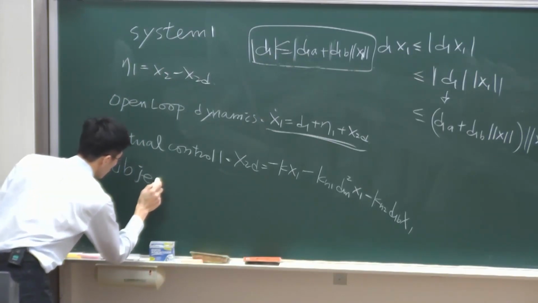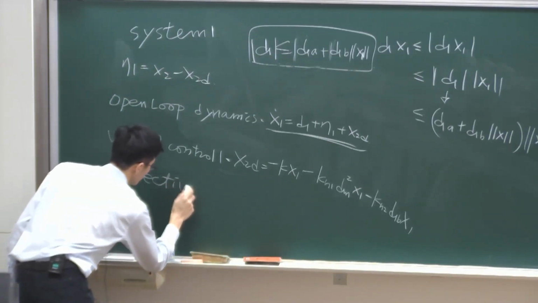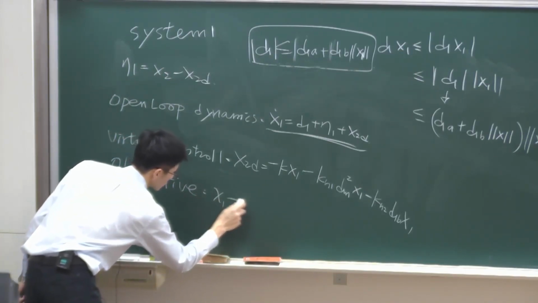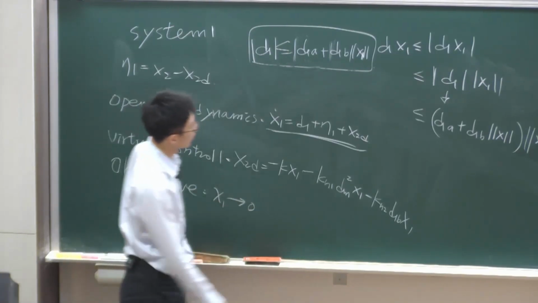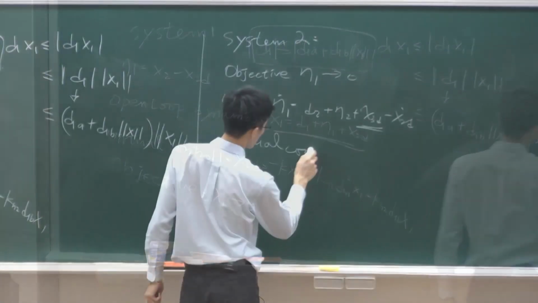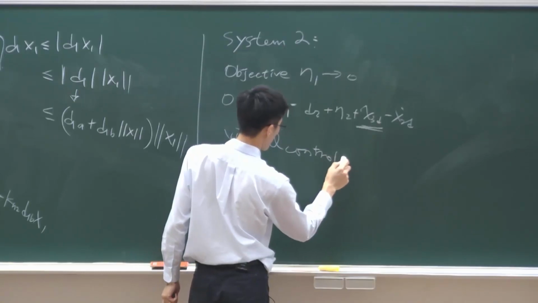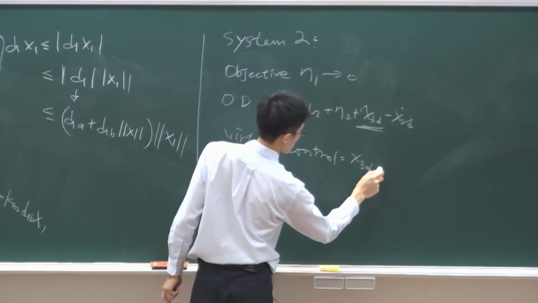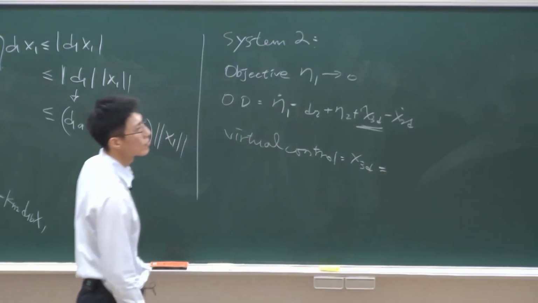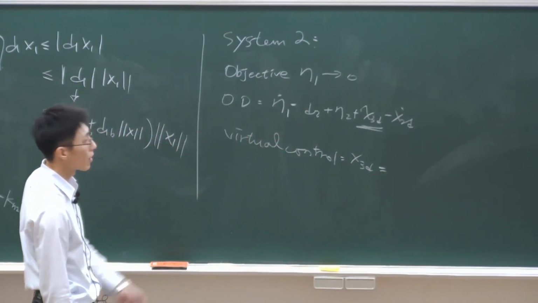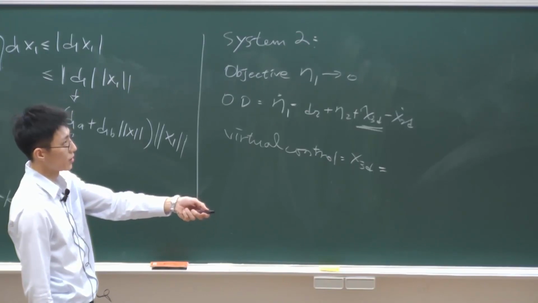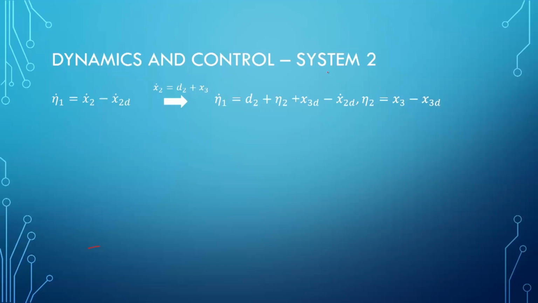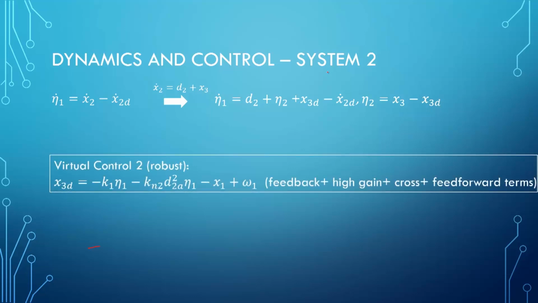Objective for system 1 is x1 goes to 0. Okay. And now we create another eta 2, which is the mismatch of x3 and x3d.